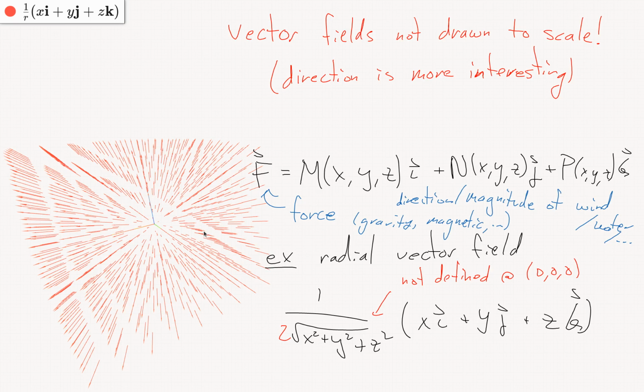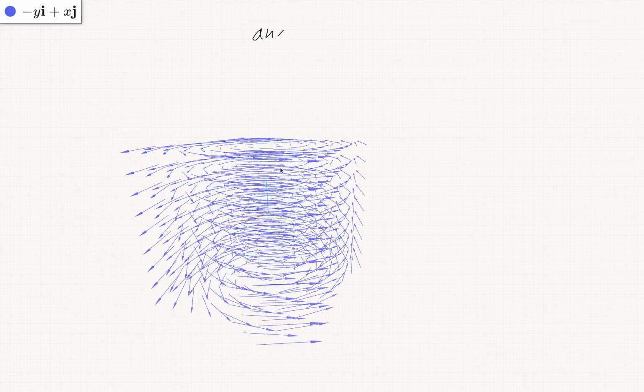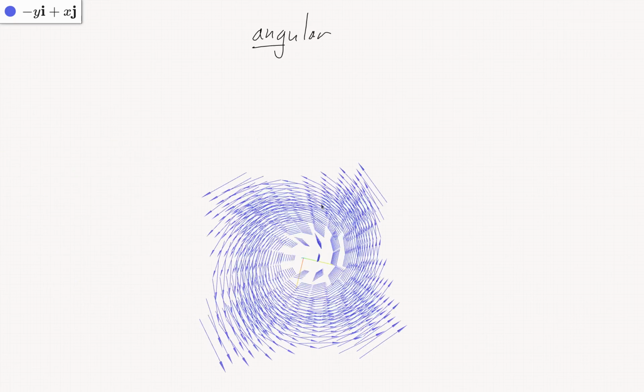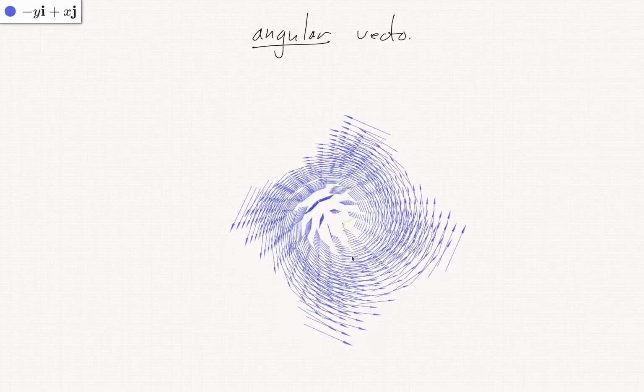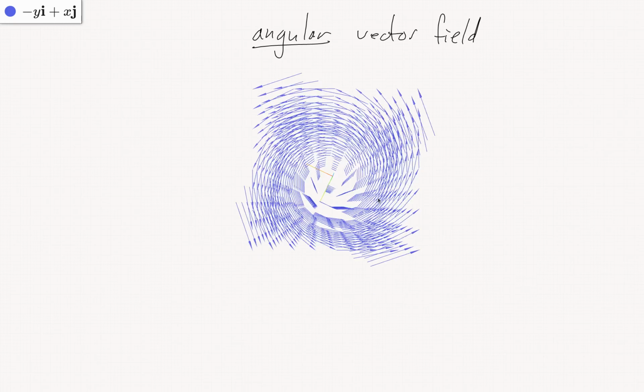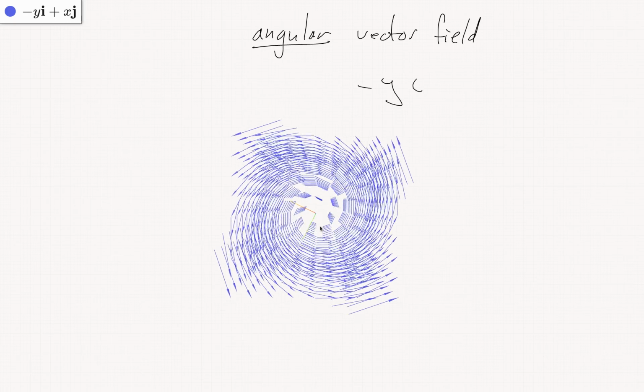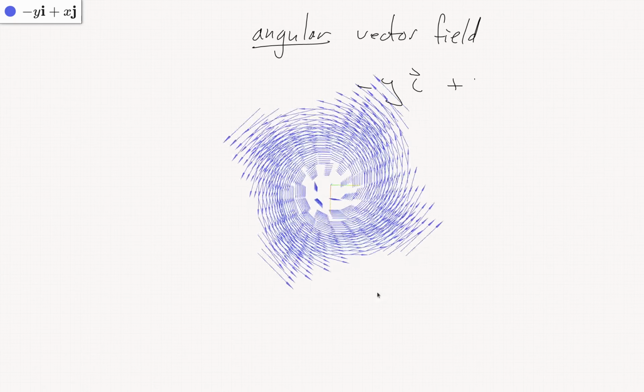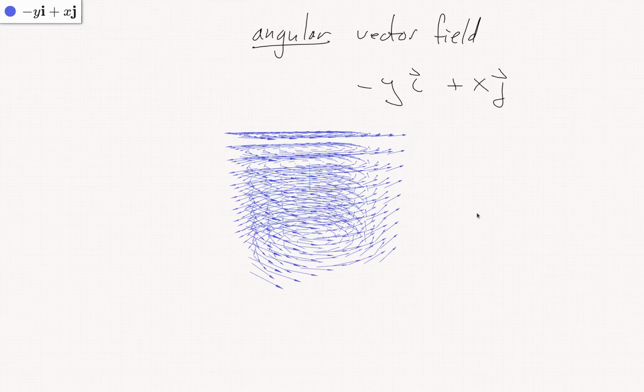So another example of a vector field is the angular vector field given by negative yi plus xj.